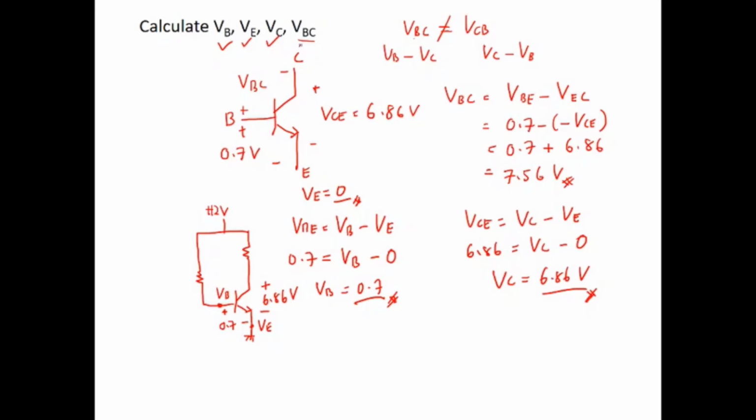For example, VB is the voltage at the base point, but VBC is the voltage of the base with respect to the collector. And VCE is the voltage from the collector point with respect to the emitter point.